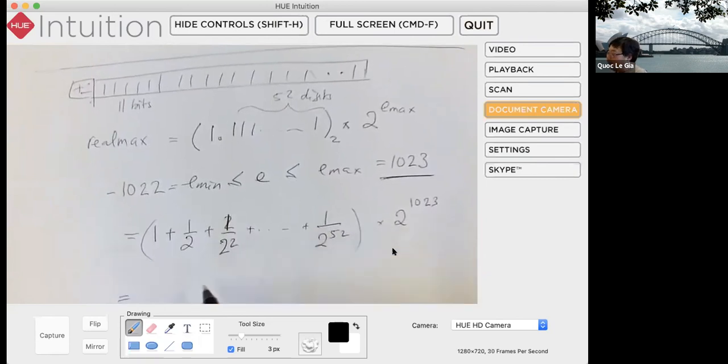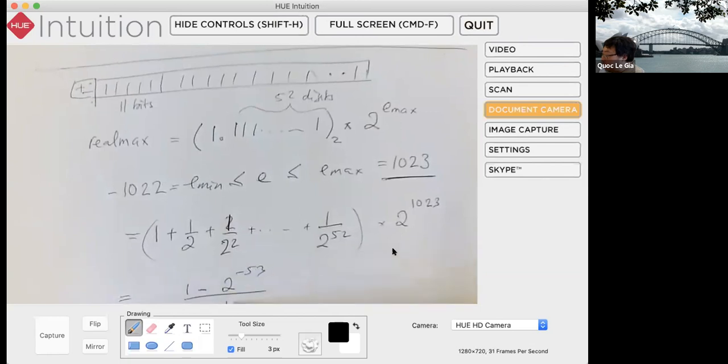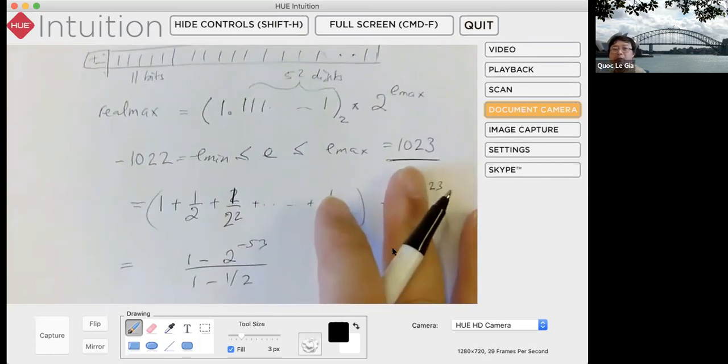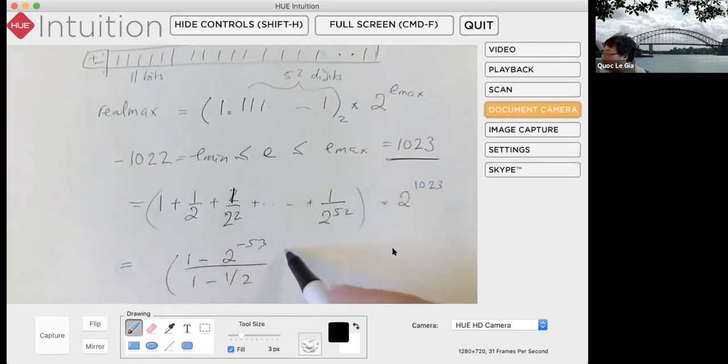It will be 1 minus 2 to the minus 53, over 1 minus 1/2, times 2 to the 1023.